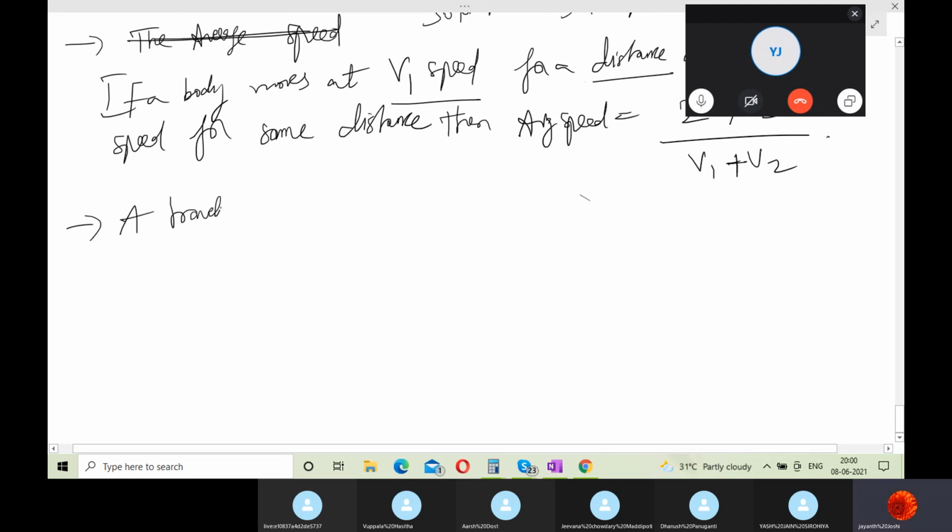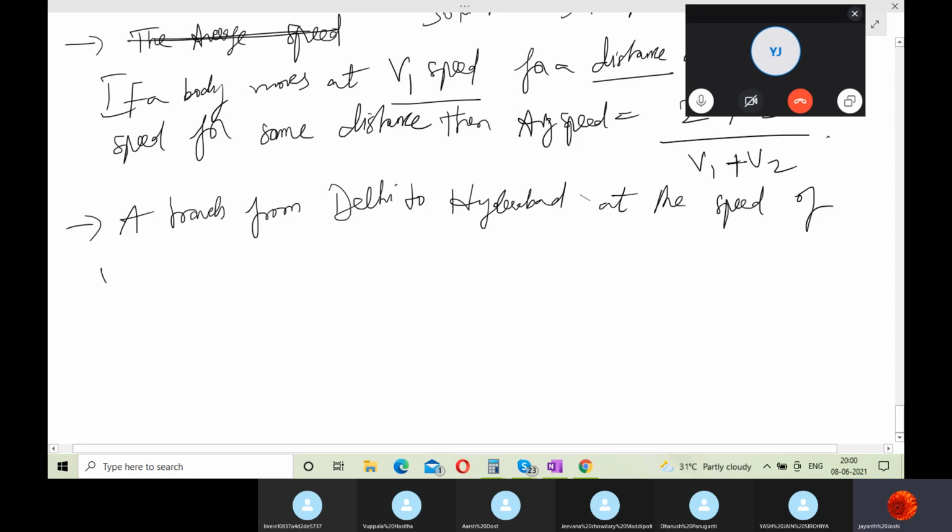A travels from Delhi to Hyderabad at the speed of 40 kilometers per hour and returns at the speed of 50 kilometers per hour.